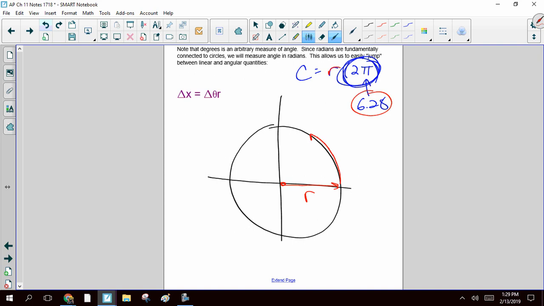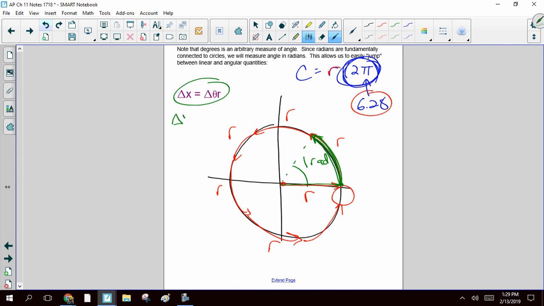So here's r, that's 1, 2, 3, 4, 5, 6.28. Each of those arcs of length r, when you travel a distance equal to the radius of the circle around the perimeter, you've subtended or swept out an angle of 1 radian.